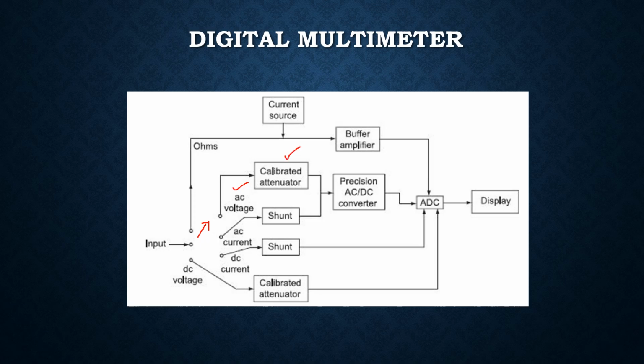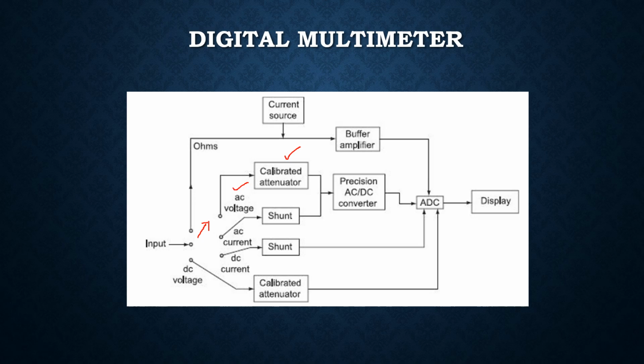If the level of input we are applying is not suitable for the instrument, or the instrument can't detect such a value, then the calibrated attenuator will set that input value to the desired level that can be detected by the system. So for this purpose we are using the calibrated attenuator.